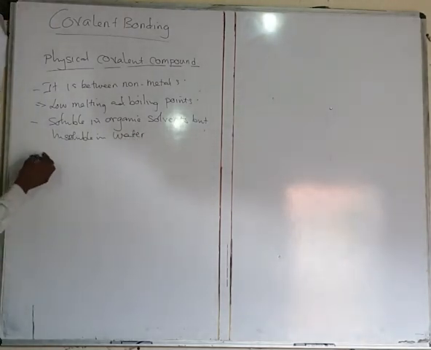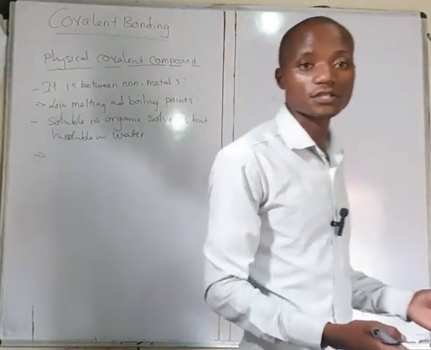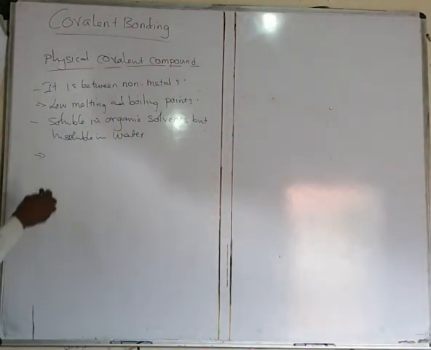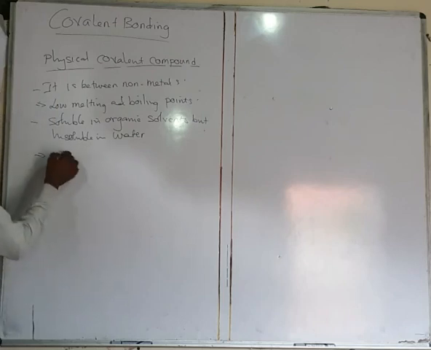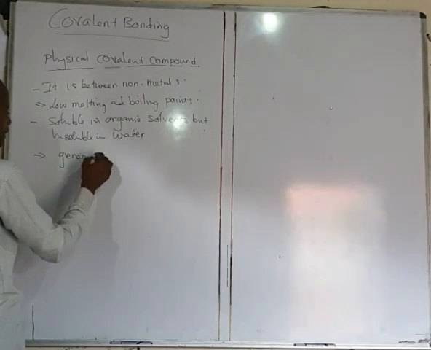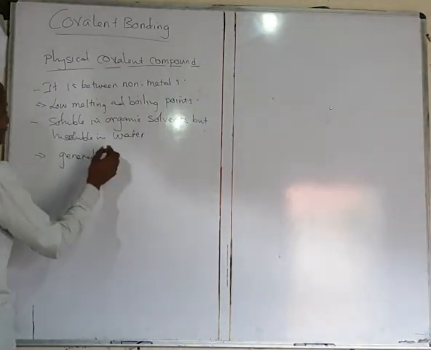Okay. Then these are volatile. Generally, they are volatile. They change states. When I say generally, it means there's some exception. You know what generally means?